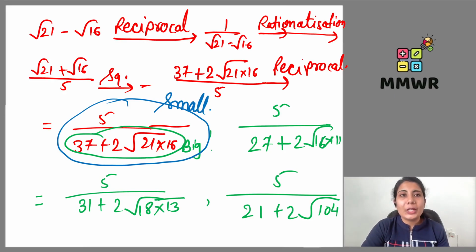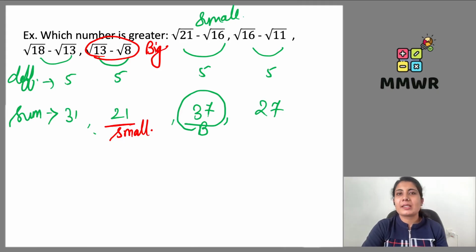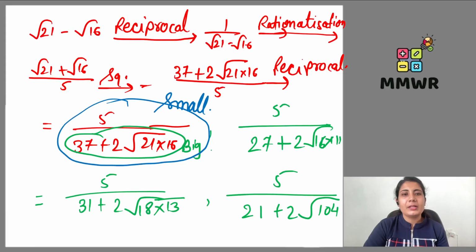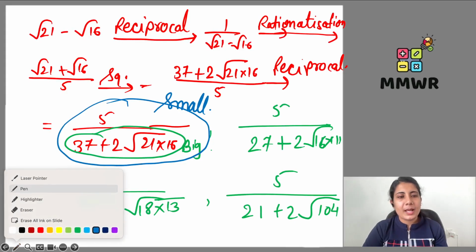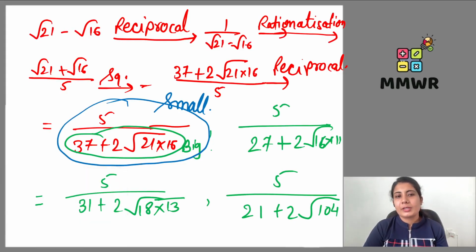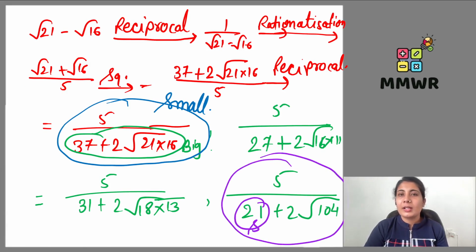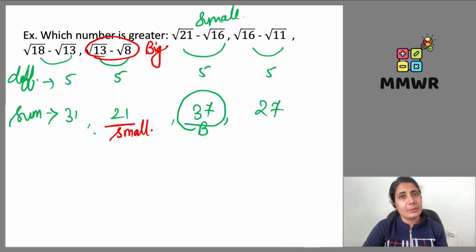So the value for root 21 minus root 16 is smaller, and where the denominator is the largest, that is the smaller fraction, that is why this fraction will be the big one. So the last fraction, which is for root 13 minus root 8, is the big value.